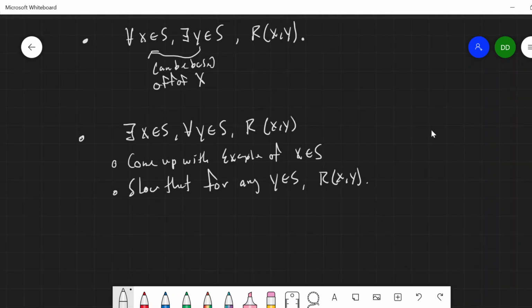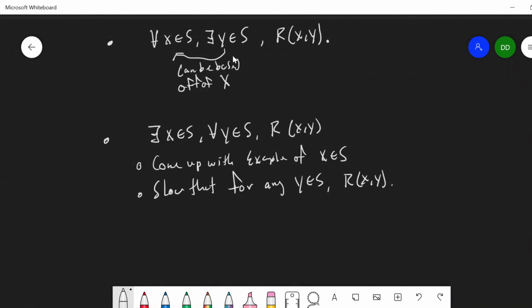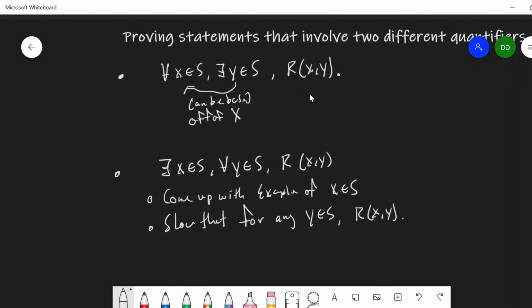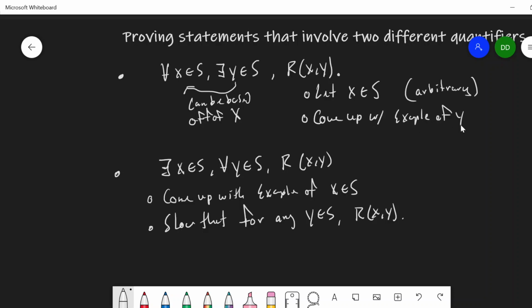So notice the difference between proving a statement like this and proving a statement up here. Here, my order would be let x be in S. So this is an arbitrary element of S. And then using that, come up with an example of y in S such that R of x, y.